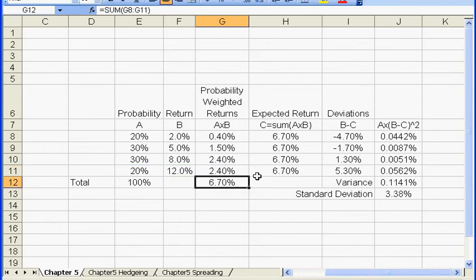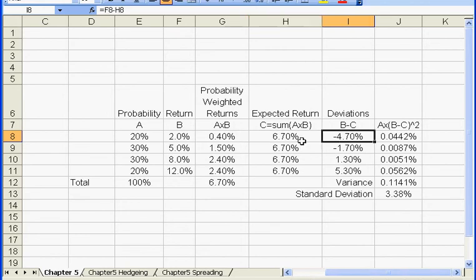You sum them up, again using the SUM function in Excel, and you will get 6.7%. That's the expected return for this stock, or say the expected value of all these random returns. Okay, so far we have reviewed the concept of probability and the expected value.